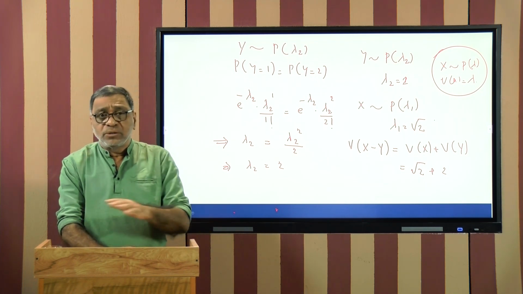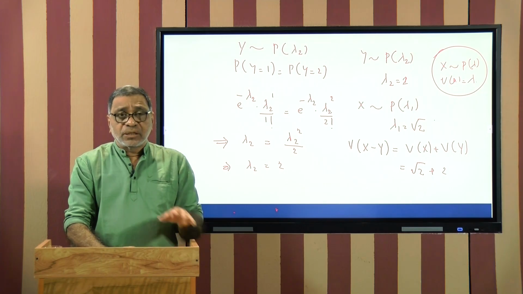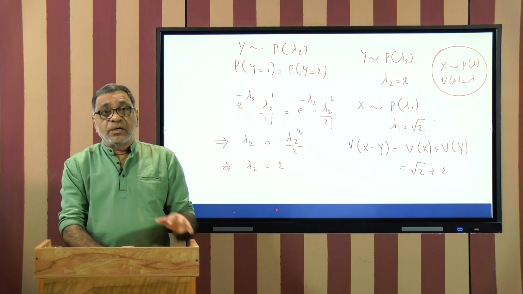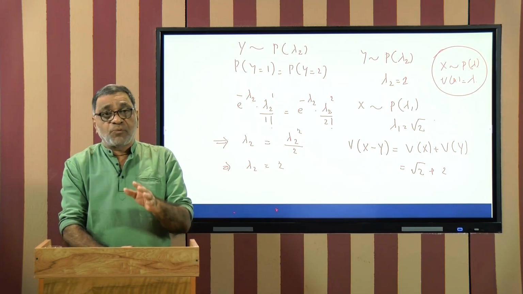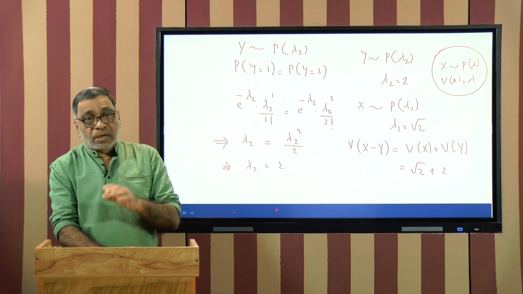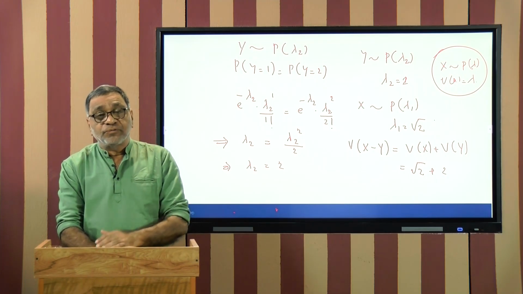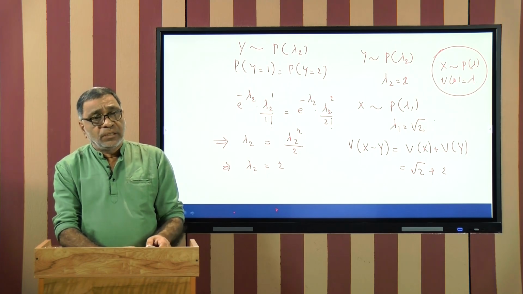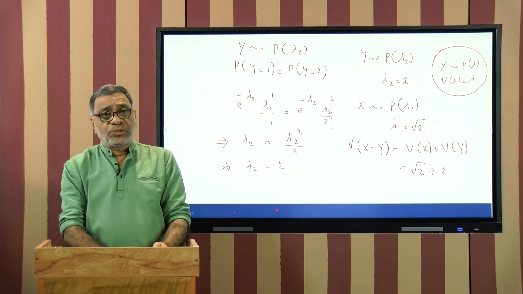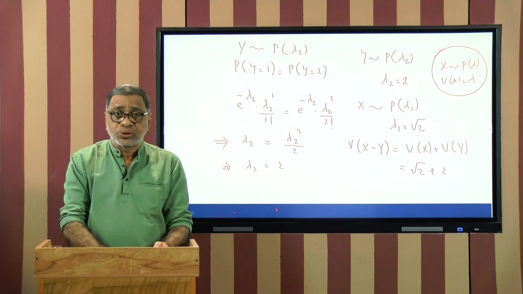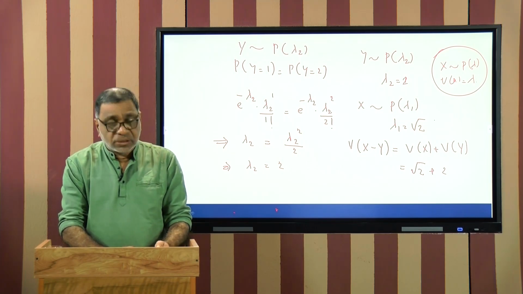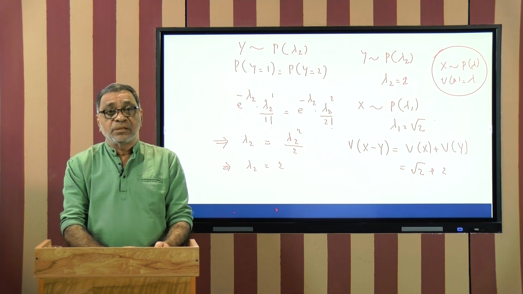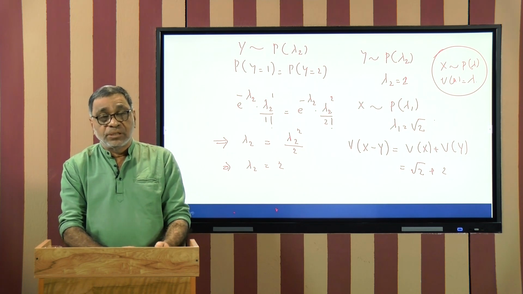In all these types of problems, the random variable follows the Poisson distribution and our aim is to obtain the value of the parameter lambda, and after getting it, we are in a position to calculate any quantities or any probability values related to the Poisson distribution. So, these are some examples we have discussed in the Poisson distribution section.